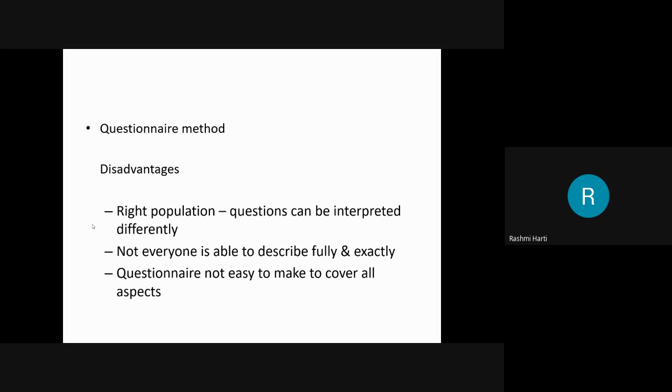Then the disadvantages of the questionnaire method. Basically, you have to choose the right population from whom you are going to get the responses. Questions should be interpreted correctly, not interpreted differently. If it is interpreted in a wrong way, obviously you're going to get the wrong response, and with that you will be framing a wrong job analysis or job description and specification. Not everyone is able to describe fully and exactly.